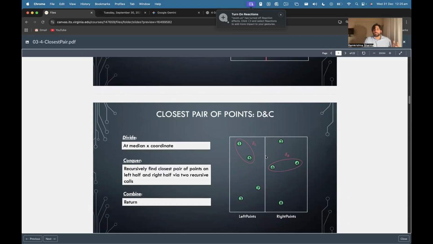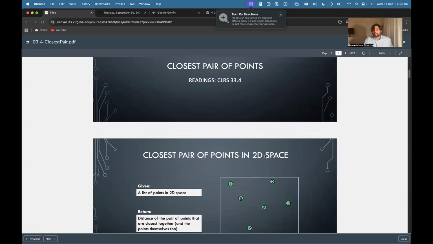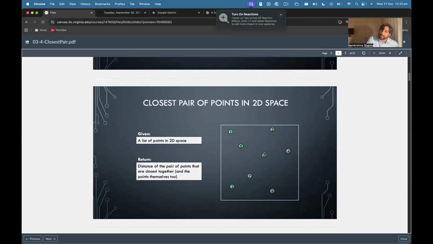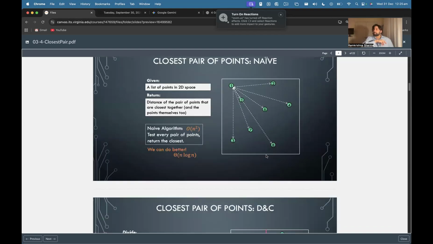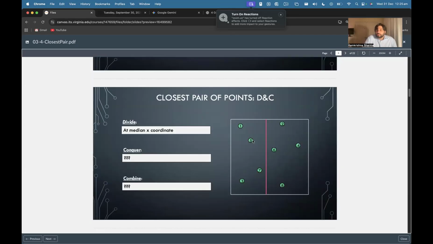So, just to recap, we were at a point where we had a 2D space, we had a bunch of points around. We said that trying to find the minimum distance between 2 points, you'll have to check every other point for every other point. That's a problem. That's quadratic. We said we're gonna do a divide and conquer. We're gonna have a midline, right? That's constant. Just divide it.